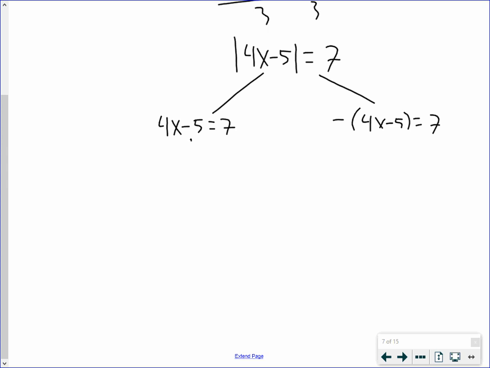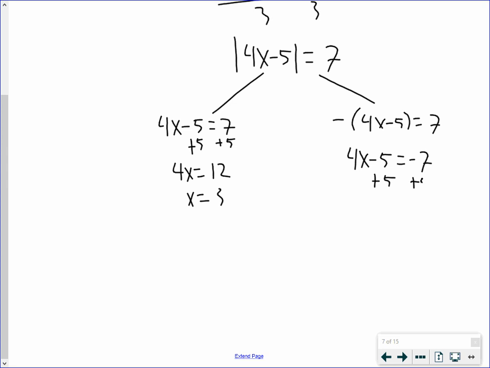So let's go ahead and solve for x. Let's do the left side first. Add 5 to both sides. 4x equals 12. Divide by 4, x equals 3. For the right side, I'm going to multiply by -1 first to make it negative. So you get 4x minus 5 equals -7.